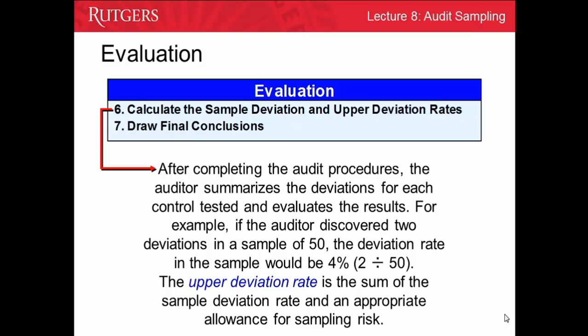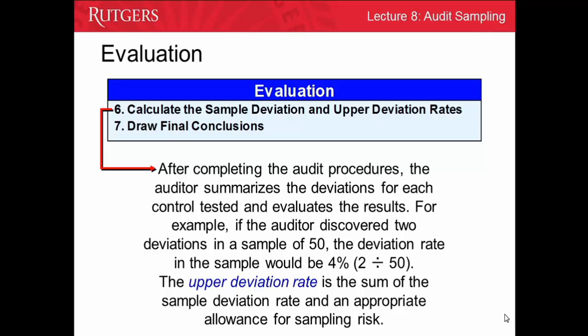In evaluating the results of testing a control, the auditor is normally concerned only with whether the true deviation rate exceeds the tolerable deviation rate. Because the auditor doesn't know the true deviation rate, he or she calculates a computed upper deviation rate. The computed upper deviation rate is the sum of the sample deviation rate and an appropriate allowance for sampling risk.